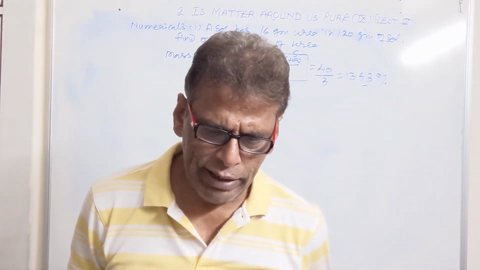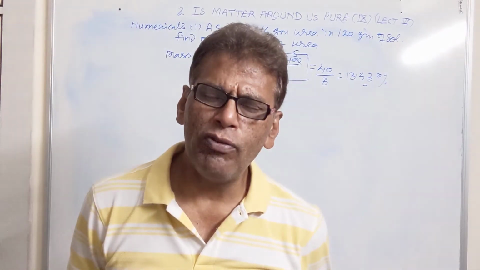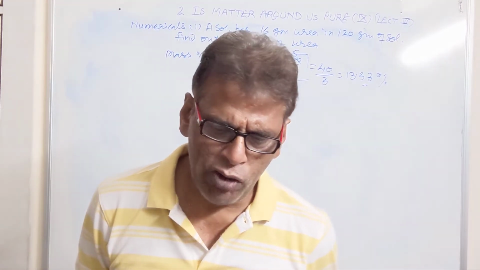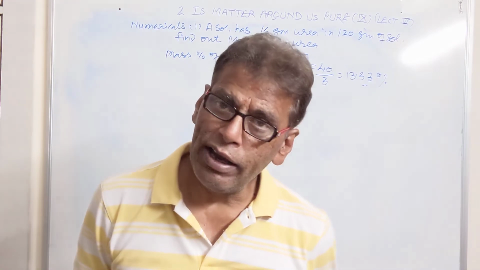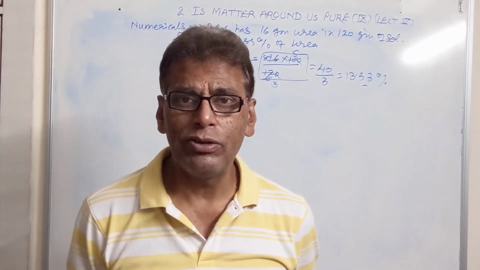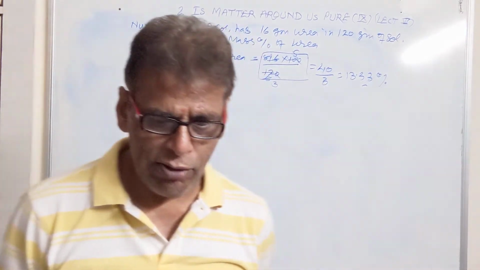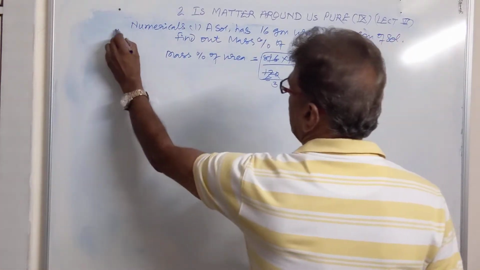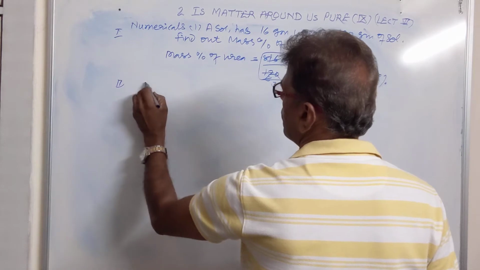Then we have another problem: a solution of acetone having 5 ml of it in 50 ml of its aqueous solution. Again we are given the solution, so no addition is needed here. Find the percentage of the acetone. That will be our second problem.